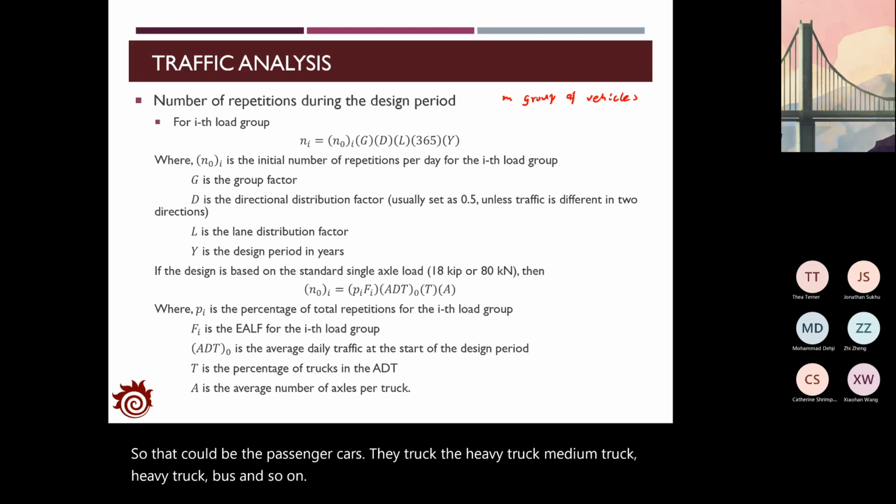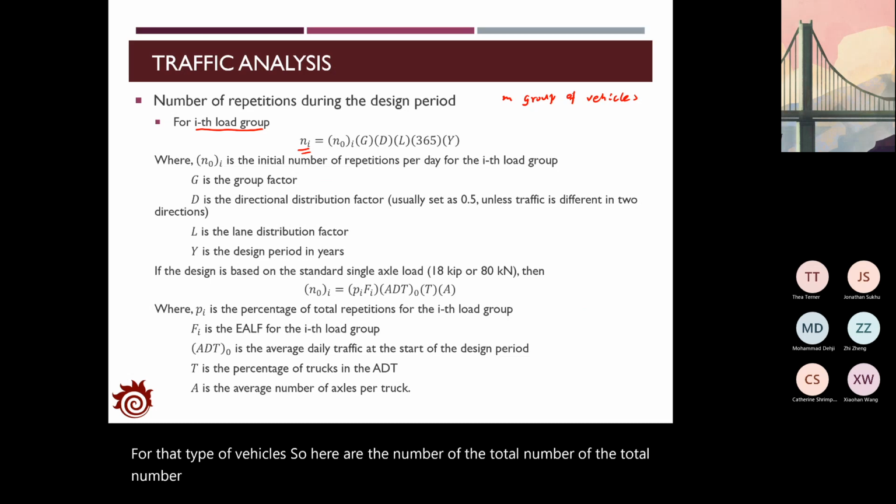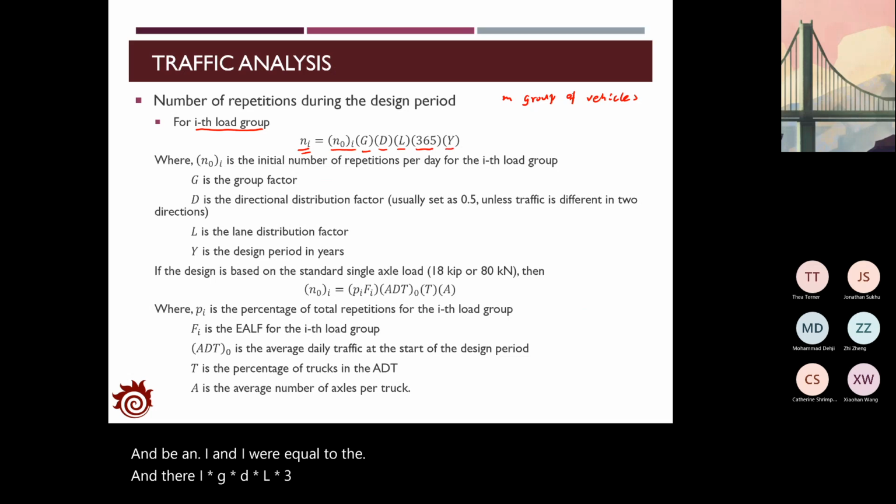And for each group, we will have an equation to estimate the total number of repetitions per day for that type of vehicle, and that will be Ni. Ni will equal N0i times G times D times L times 365 times Y.